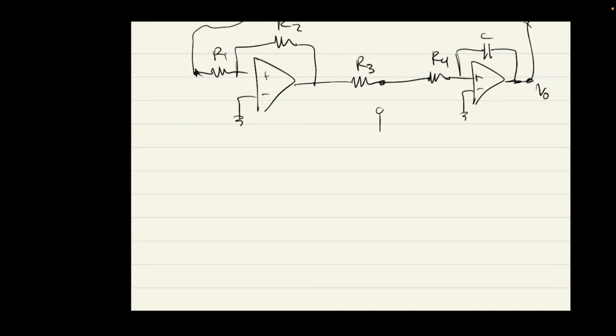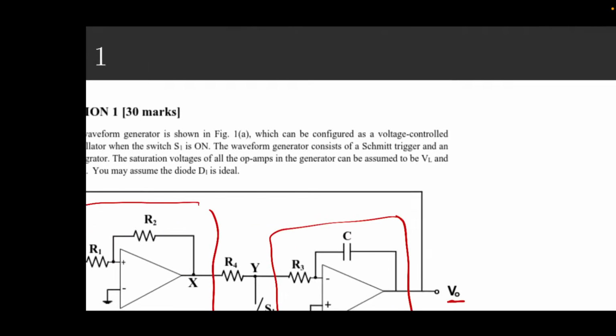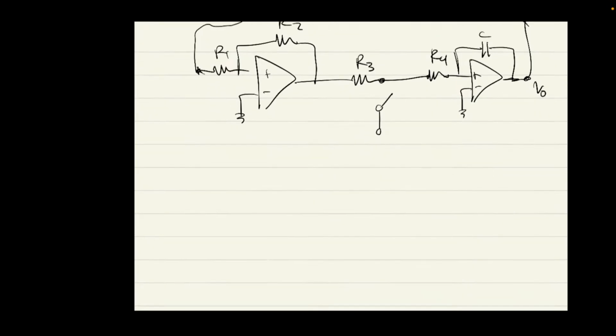Okay, now note that the switch is off, so we don't have anything here. Okay, so the question is asking us to draw just the waveforms for Vx, Vo, and Vy. So Vx is here, Vy is here.